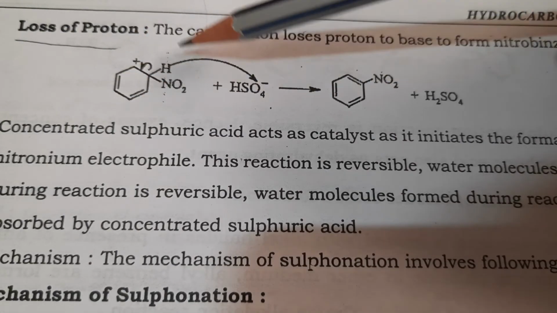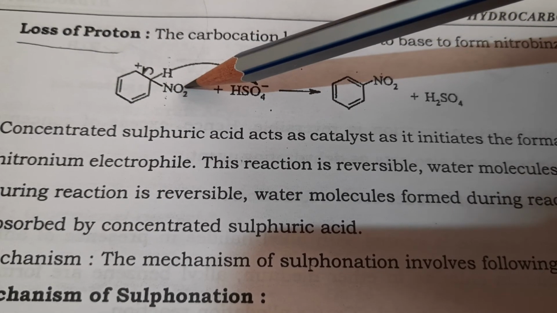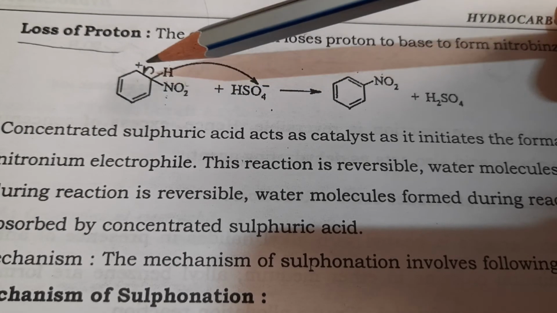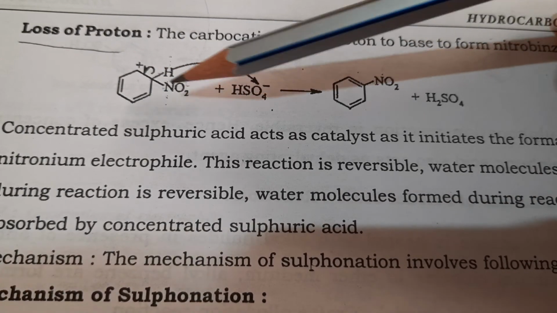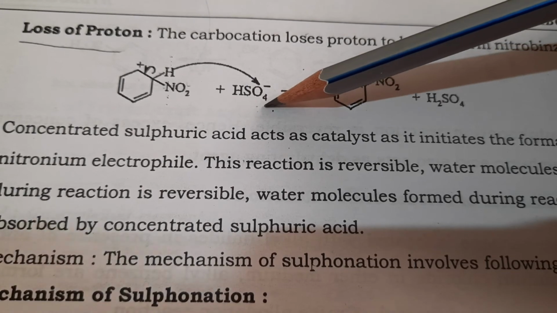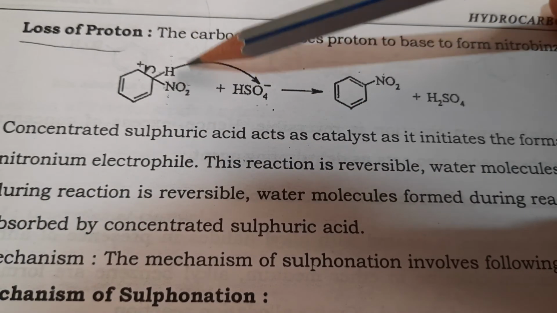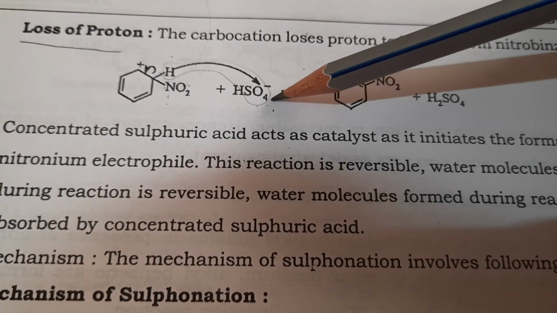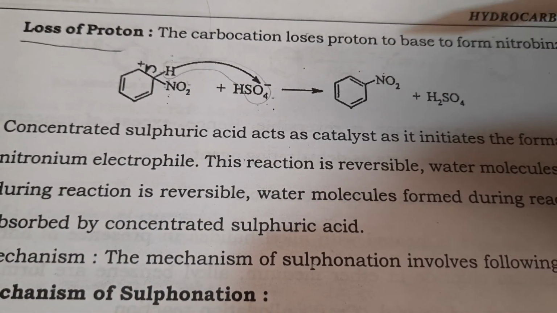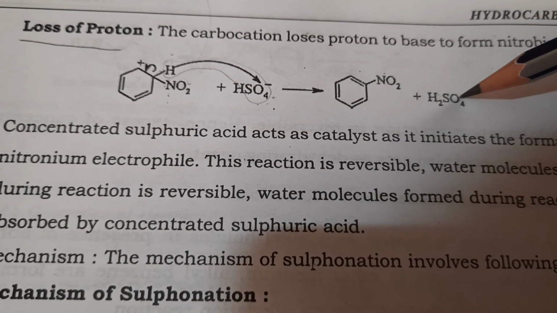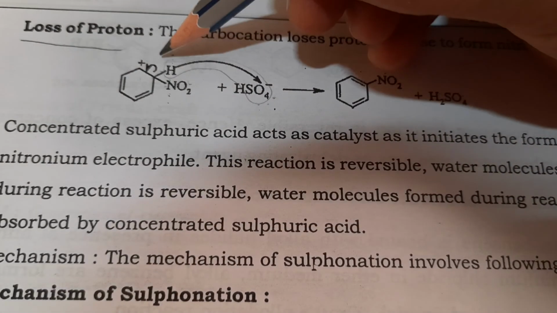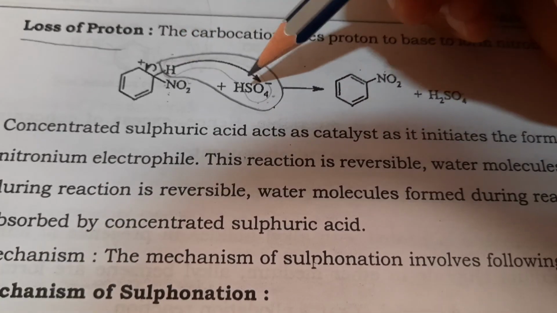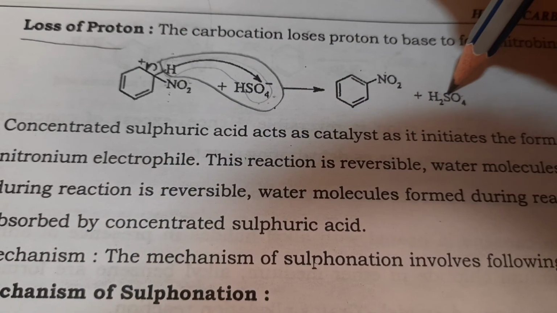The carbocation of benzene, formed in the second step, is attacked by HSO4 minus, and this hydrogen is bound to the HSO4 minus nucleophile, and finally it forms H2SO4, sulfuric acid. See, this hydrogen combines with HSO4 minus and becomes H2SO4.